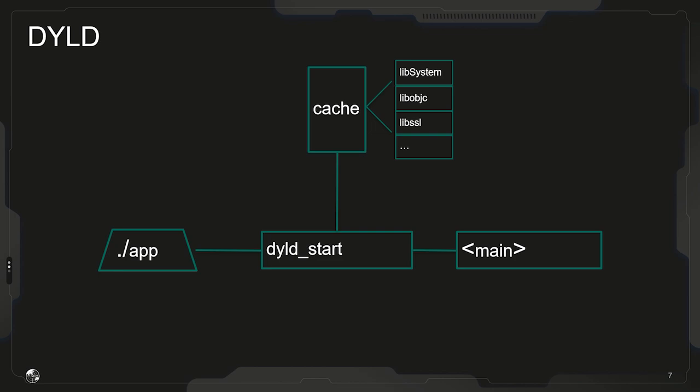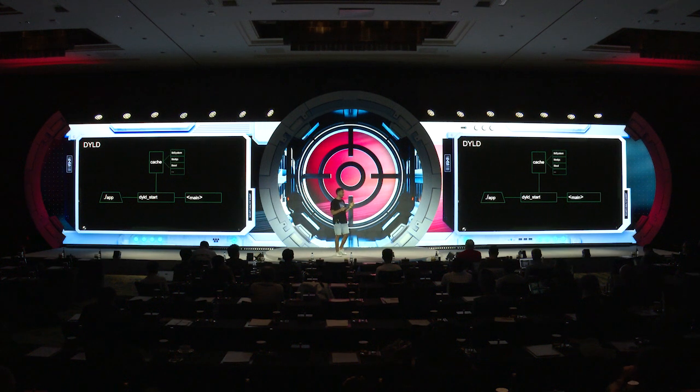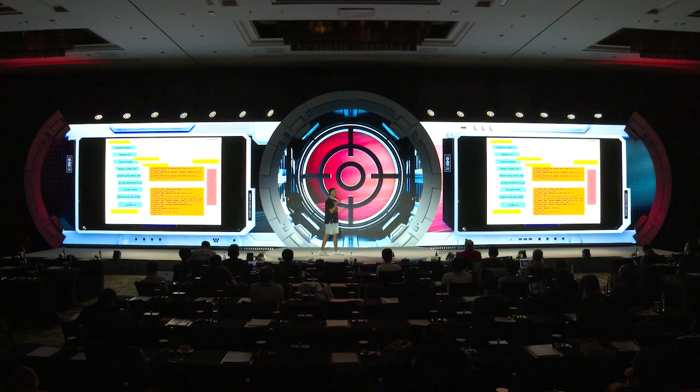DYLD will parse your Mach-O binary. It will look at all the dependencies, libraries, frameworks, stuff like that. It will load every library. For every library, it will run initialization code. And then at the end of this process and other things that DYLD does, the control will go to your main function.